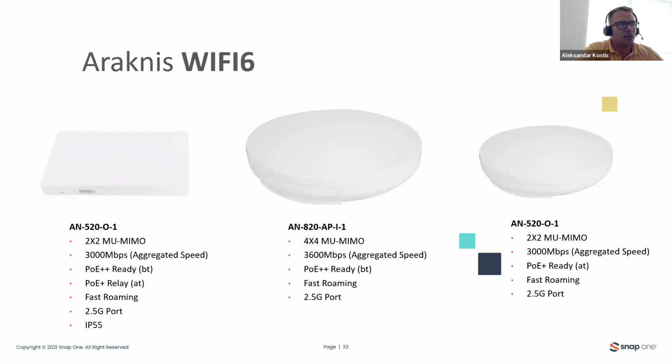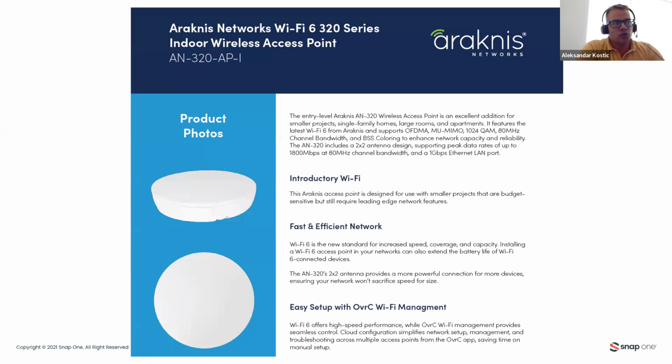Currently, we have multiple models available. We have one outdoor 520 in the Wi-Fi 6 series and two indoor, 820 and 520 access points. They are all PoE plus access points. And also we introduced recently a new entry-level low-cost 320 access point, which is also Wi-Fi 6. But what is different with this access point is that it doesn't have 2.5 gigabit on the LAN interface.